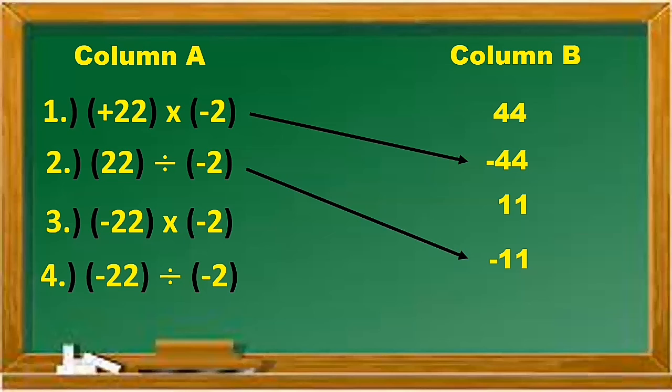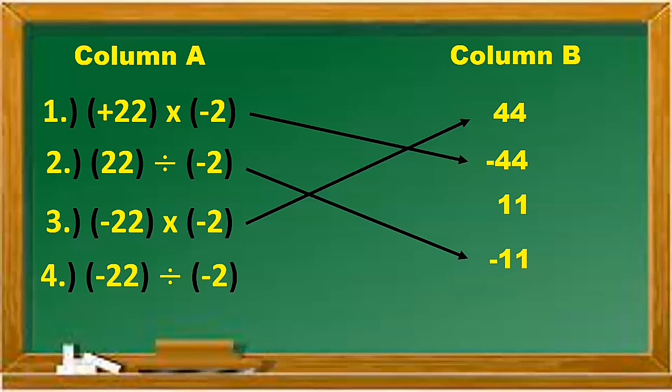How about number 3? Negative 22 times negative 2. Very good. The answer is positive 44, because negative times negative is equal to positive, and 22 times 2 is equal to 44.